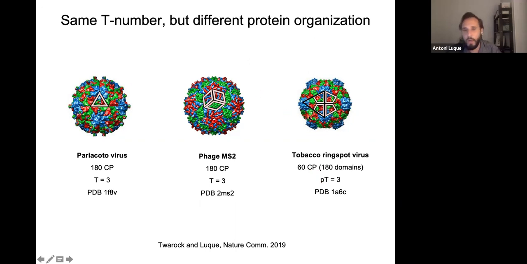So people were not happy calling it just one protein, because the proteins seem to have 3 domains that are sometimes separate. So they said, well, let's assume that they have 180 proteins, and then let's call it pseudo T3. Okay, this is one set of outliers.